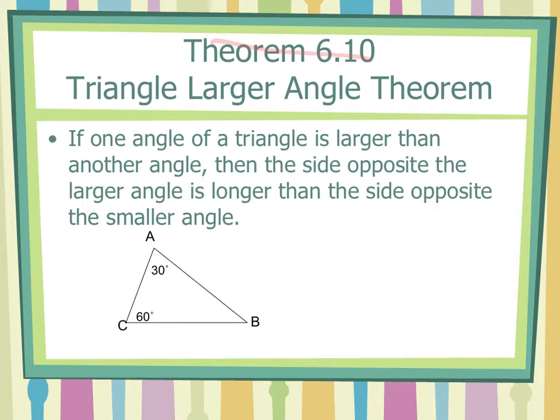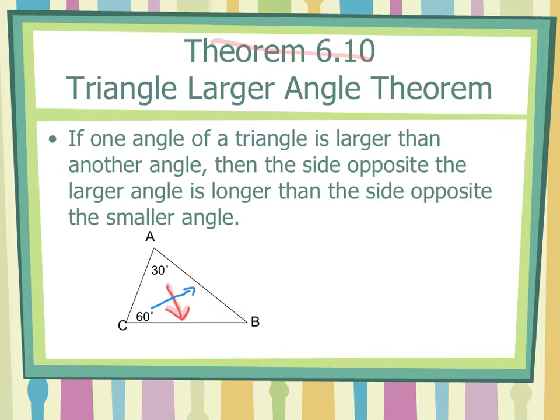Now, what's going to be important here is we need to use our triangle sum theorem. If they're only asking you to compare the two angles that are across from the given angle, for example, across from angle A is going to be side BC, and across from angle C is going to be side AB, then we just use the numbers that are there.